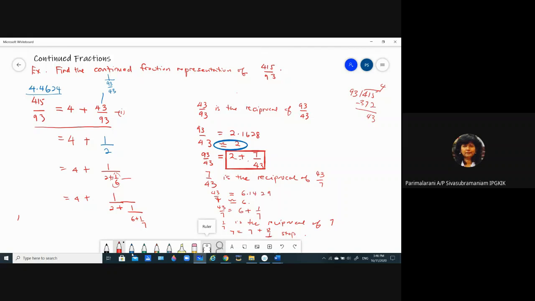Or we can say 415 over 93 is equivalent to, using this bracket, the first integer here is 4, so it's 4 semicolon, and then we look at the others like this, 2, 6, 2 and 6. This is 4 semicolon 2, 6, 2, 6.